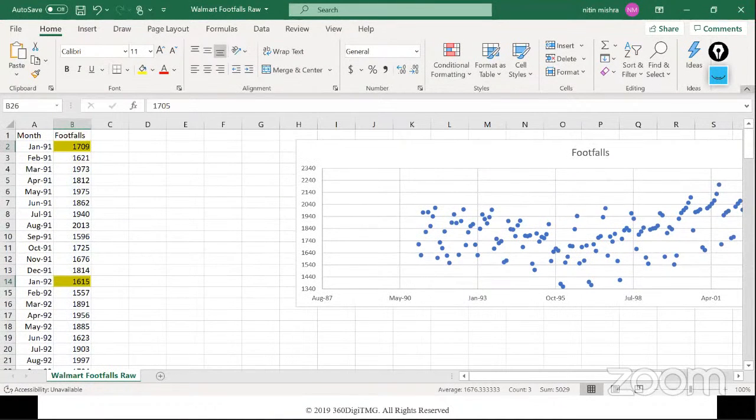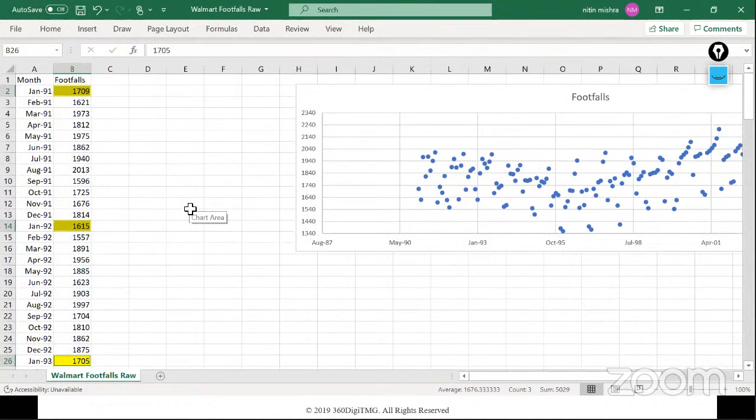Do you understand what I'm trying to say here, friends? Are 1709, 1615 and 1705 related to each other?